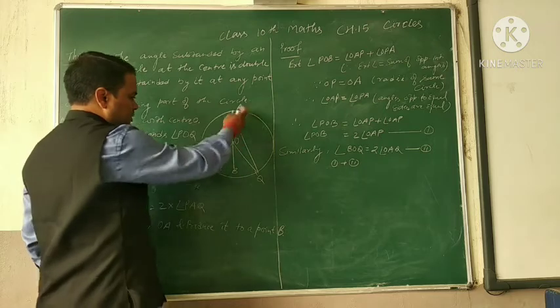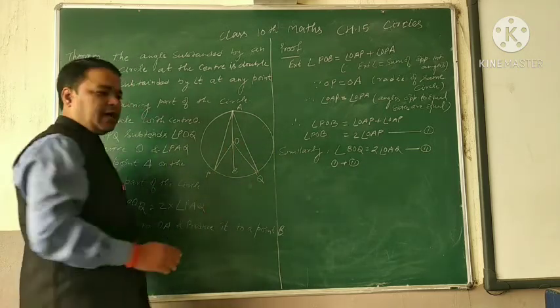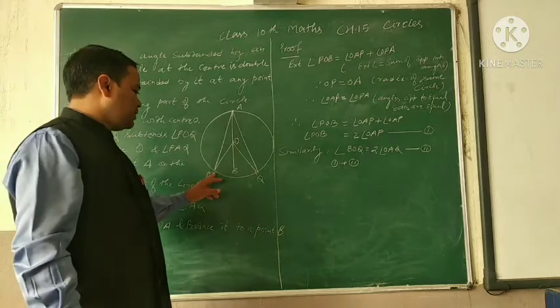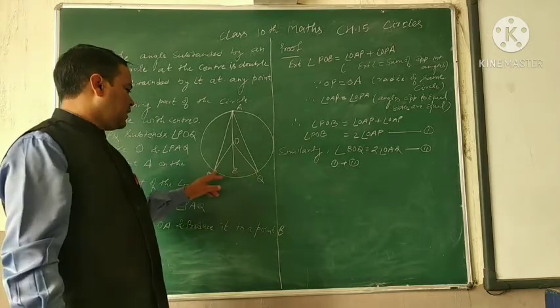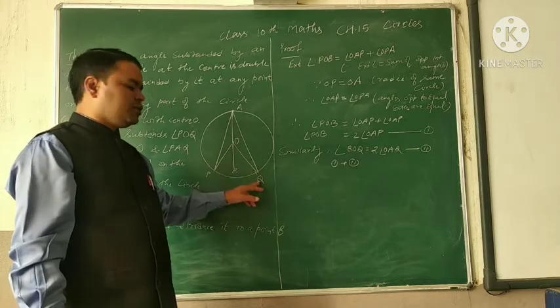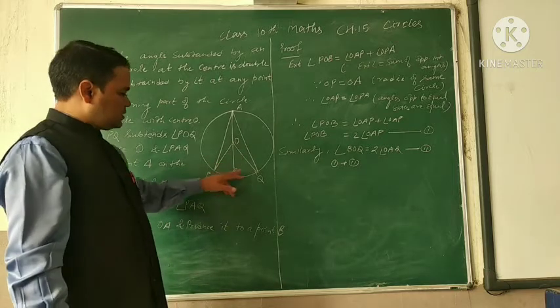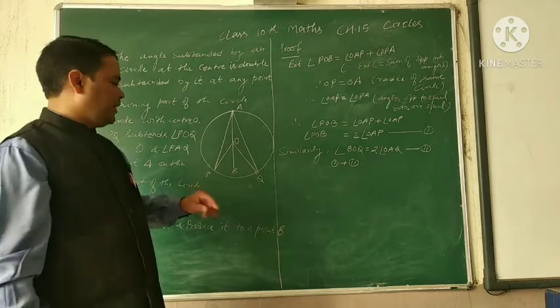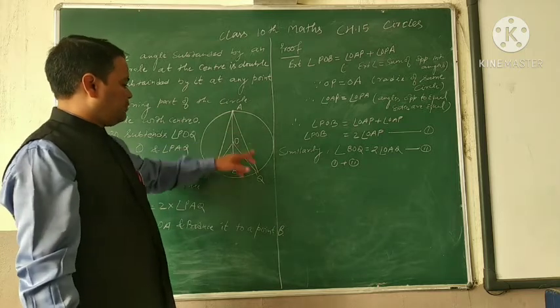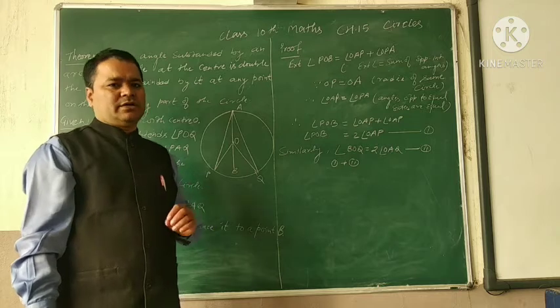Here, we just take a circle where PQ is an arc. This PQ subtends angle POQ at the center of the circle, and the same arc PQ subtends angle PAQ on the remaining part of the circle.